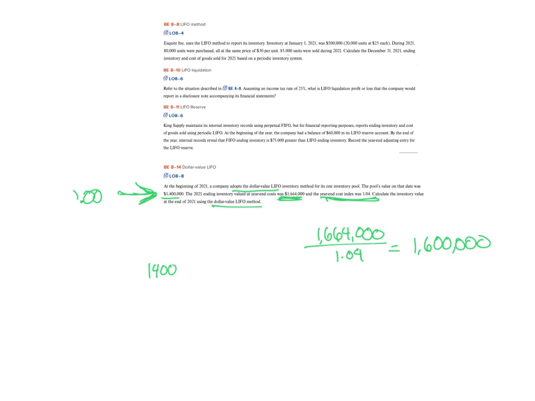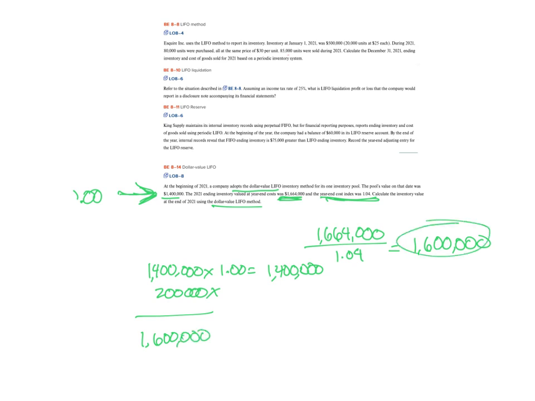We have 1.4 million at the base year cost or index, and we add to this 200,000. This produces 1.6 million, which is the amount we just calculated for the year-end balance. And we'll multiply this by 1.04, the new cost index.